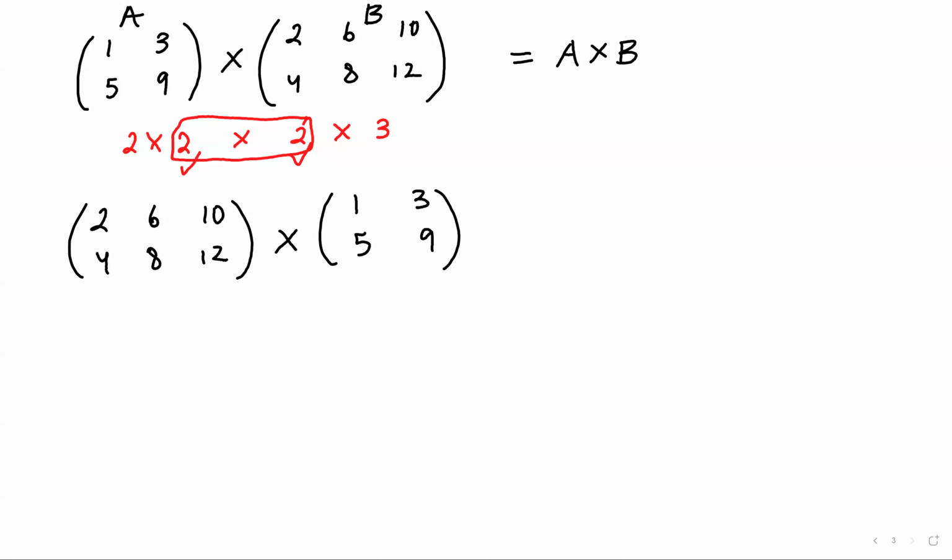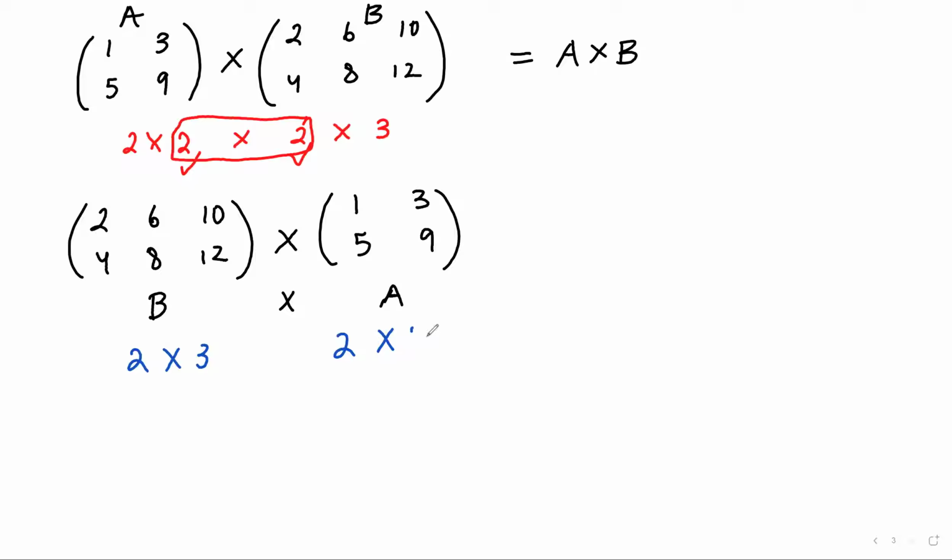But can I do B times A? Anybody? What are y'all thinking? No. Yeah, correct, you cannot do it. Because what kind of matrix is B again? B is a 2 by 3, because you have two rows and three columns. But A is a 2 by 2 matrix.